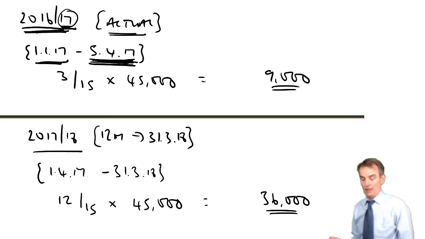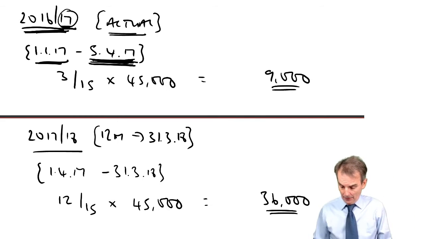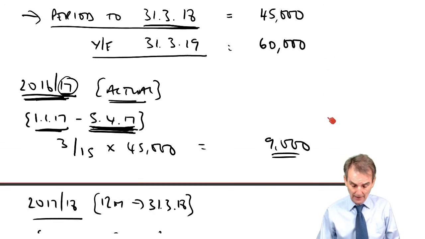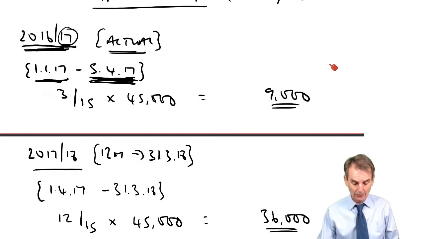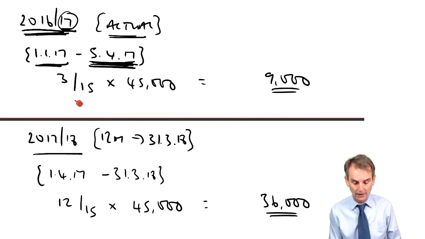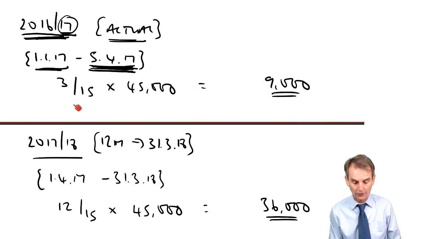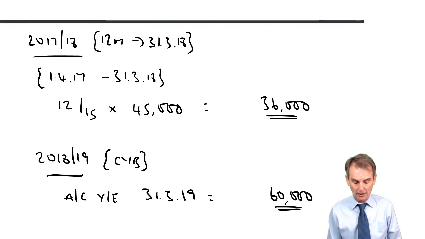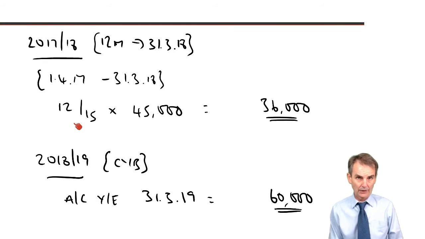Now, hopefully what you've seen in relation to the profits that we've got here is, in fact, if you choose the 31st of March, there will be no overlaps that arise. In 16/17, you've used the first 3 months of the opening 15-month period. In the second tax year, 17/18, we've used the last 12 months of that 15-month period.